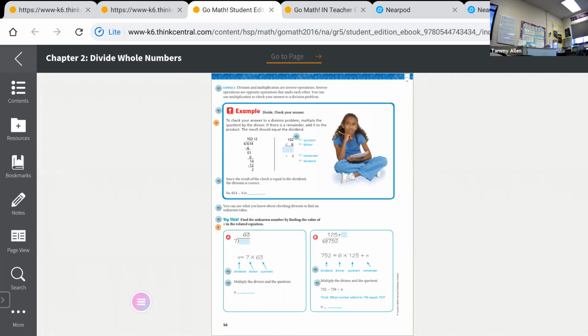We got an answer here of 102, remainder 2. How do we check our answer? Well, we know we have 102 groups of 6. So we take that 102 and multiply it by 6.